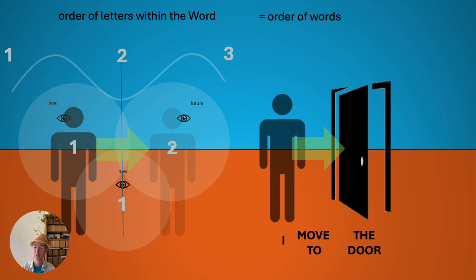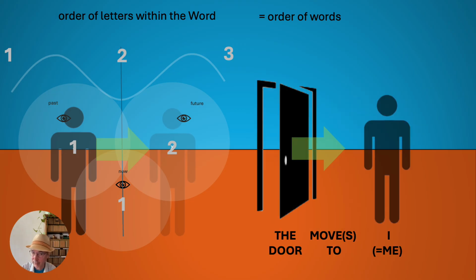For instance, if I have 3 sections here, I have move to, and I have the door, then you can immediately imagine the order of words and the order of activity. If I change the order of words, this activity will change. The 3 positions are different, and so the 3 positions make a different order and a different effect.